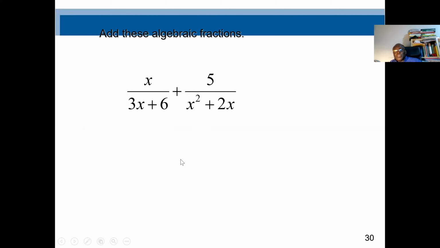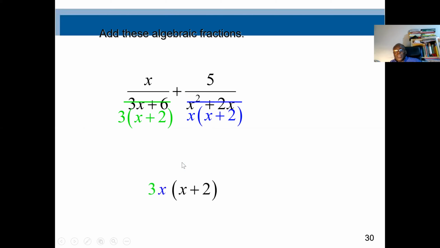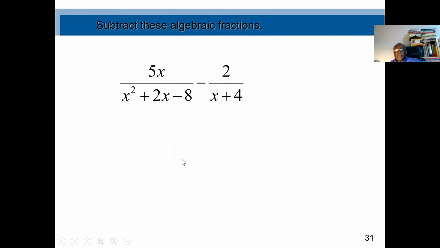So here we find the LCD first. And we can see it's 3x, x plus 2. And that will give me x at the top, 3. Difference also is the same. So we factorize this. Two numbers, when you multiply, you get negative 8, will be positive 4 and negative 2. When you combine, you get positive 2.